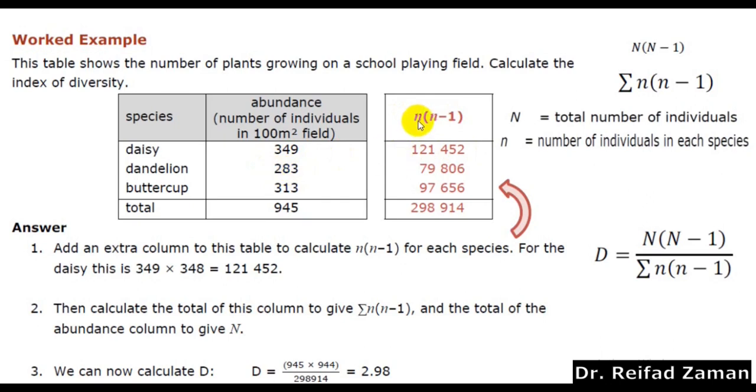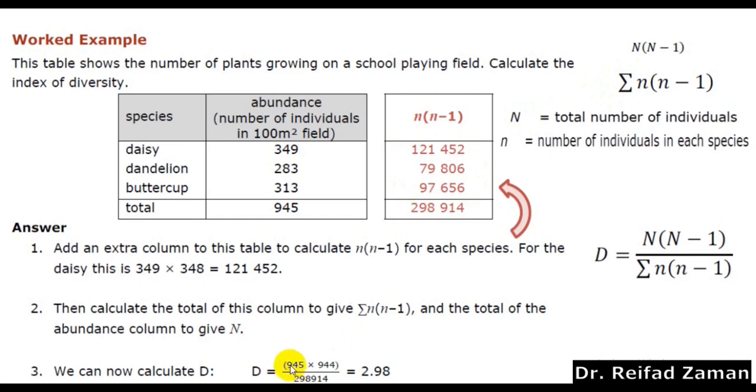This time the value of small n is 283, and if you put this 283 in this equation, you end up with 79,806. Similarly, you'll have to place 313 in this equation and it will result in 97,656. And for the sum total, you'll have to add these three values, and that is going to give you this.